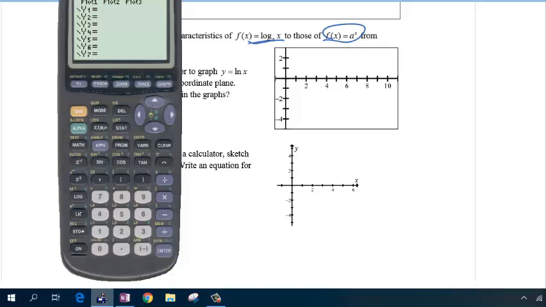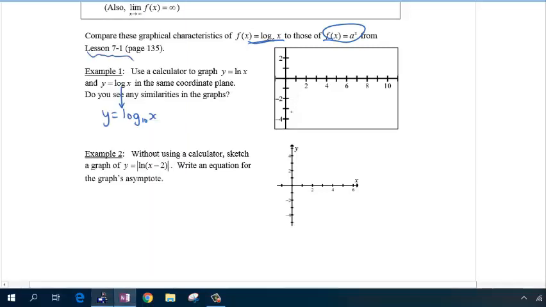Here we go. We'll take ln x first, and log x is the second one. I'm going to use the standard window, and let's see what we get. So it seems as though you've got this one, ln, and then you also have this one, log base 10.